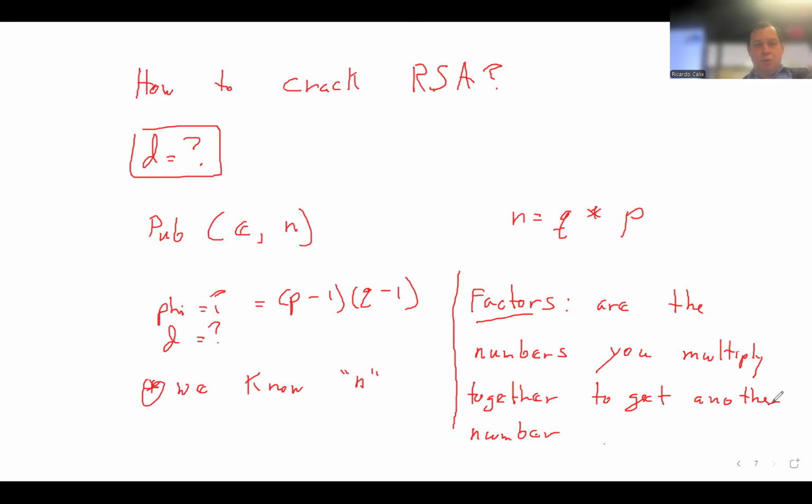Essentially, 2 times 3 equals 6. So obviously 2 and 3 are factors. That's it.